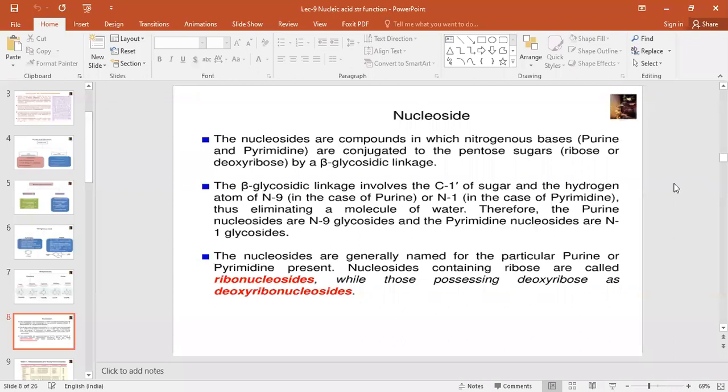So this glycosidic bond is formed between the carbon first of the pentose sugar and, if the nitrogenous base is purine, then N9, and if the nitrogenous base is pyrimidine, then the N1 position. For the formation of this bond, one water molecule is removed. Yes, and the purine nucleosides are N9 nucleosides, and the pyrimidine nucleosides are N1 glycosides or N1 nucleosides.